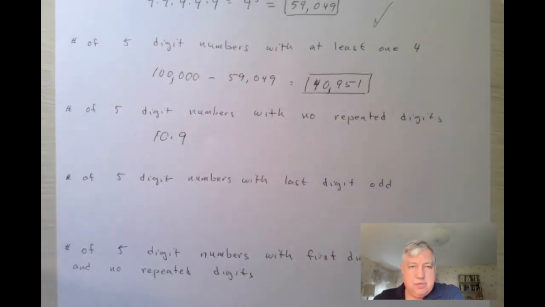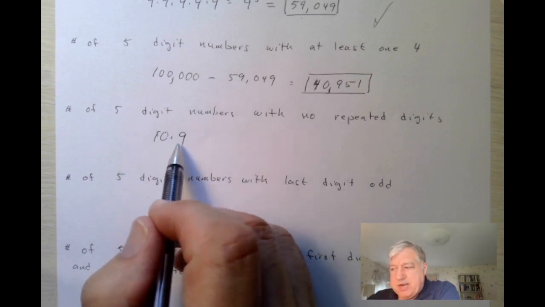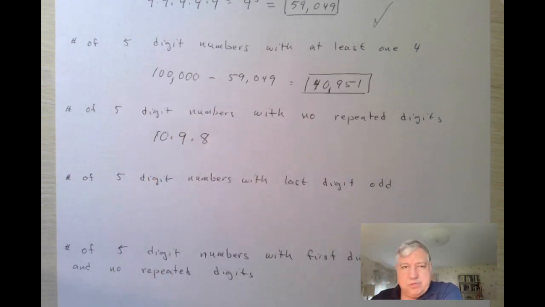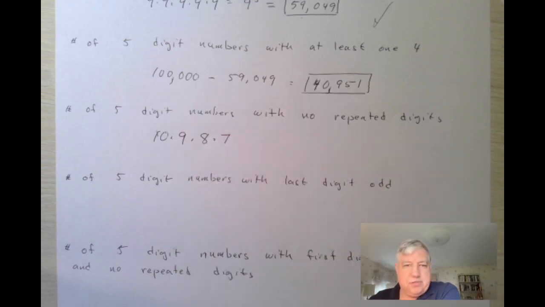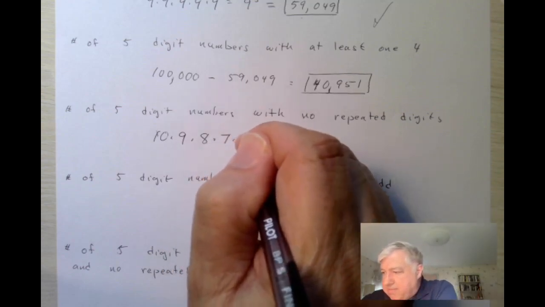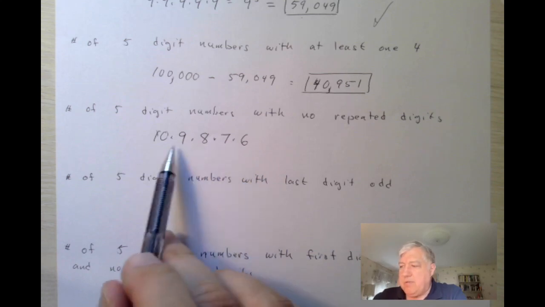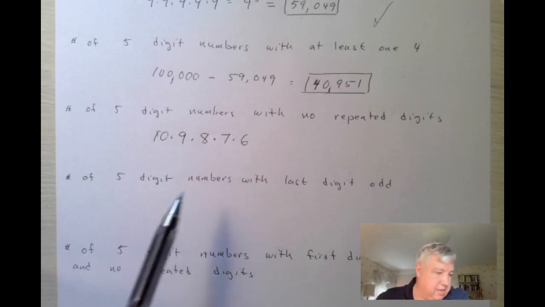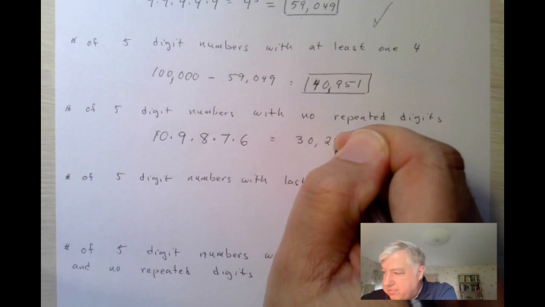The third digit can be anything except the first and second digits, which are distinct, so there would be 8 possibilities, then 7 possibilities for the fourth digit, and 6 possibilities for the fifth digit. Basically you're eliminating all the digits you've used so far. So this would be 10 times 9 times 8 times 7 times 6, which turns out to be 30,240.